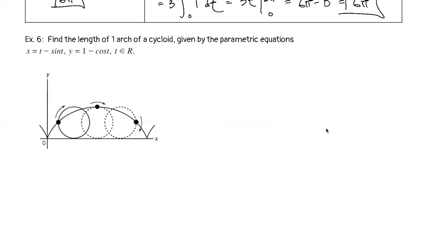So the cycloid, if I were to draw a full graph of the cycloid, what I would end up with is something that looks like a bunch of arches, okay? But here's how these arches happen. A cycloid is just, you have a circle, you have a certain point on that circle, so say this point right here.